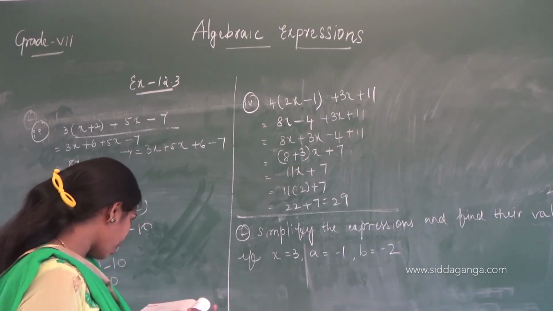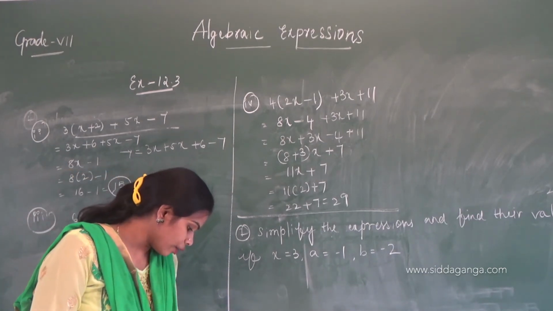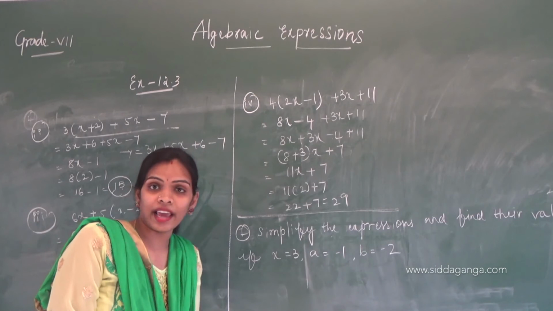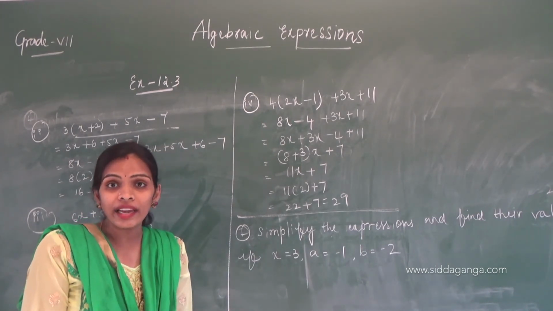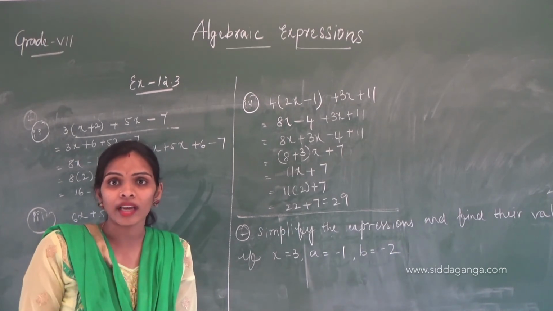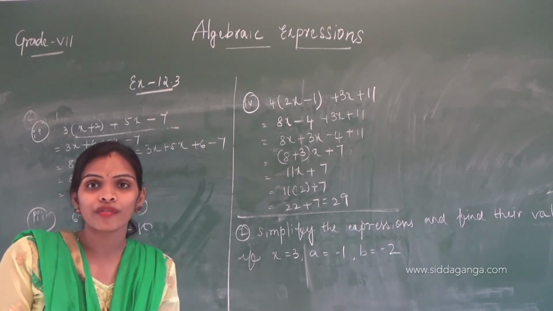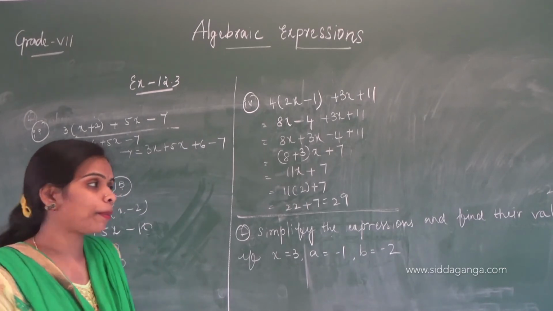Here they are giving the expression which are related to a, b and x variables. We have to find according to the variable needed in the expression. Just we have to substitute the values of x, a and b.